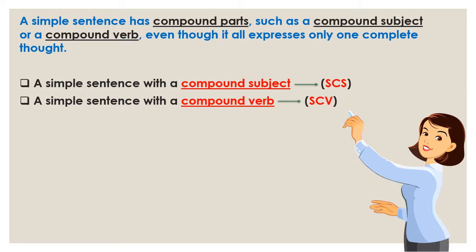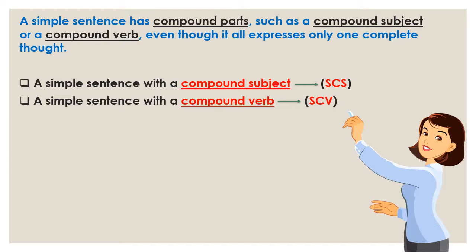Now, a compound subject means when you have two subjects together. Like, for example, Anna and Lena. What about a compound verb? A compound verb is when you have two verbs together. Like, for example, whined and barked.